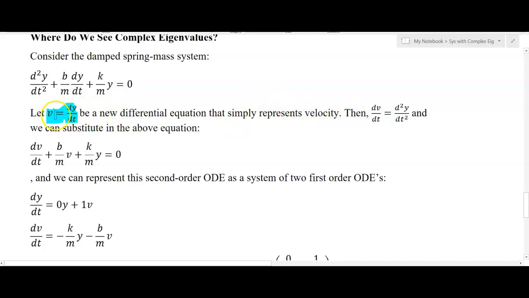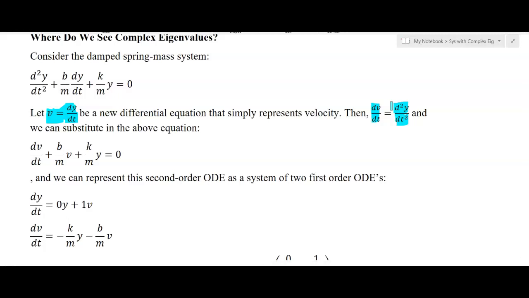Now, if we take the derivative of both sides of this equation, the derivative of velocity, dv dt, is the derivative of dy dt, which is the second derivative of y with respect to t. So basically that just means that change in velocity is acceleration.